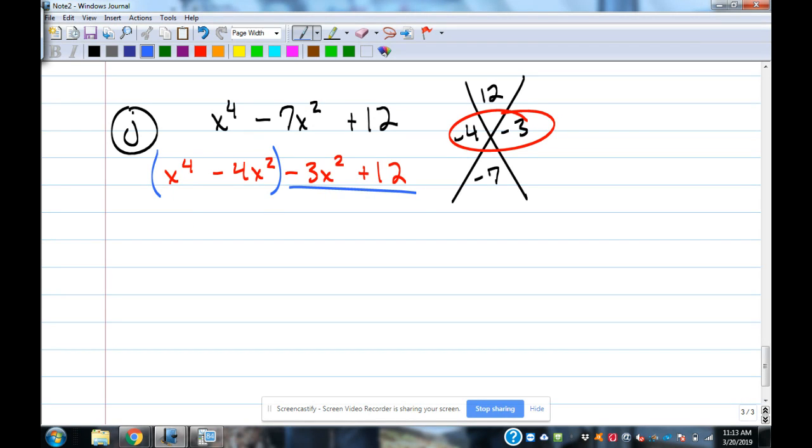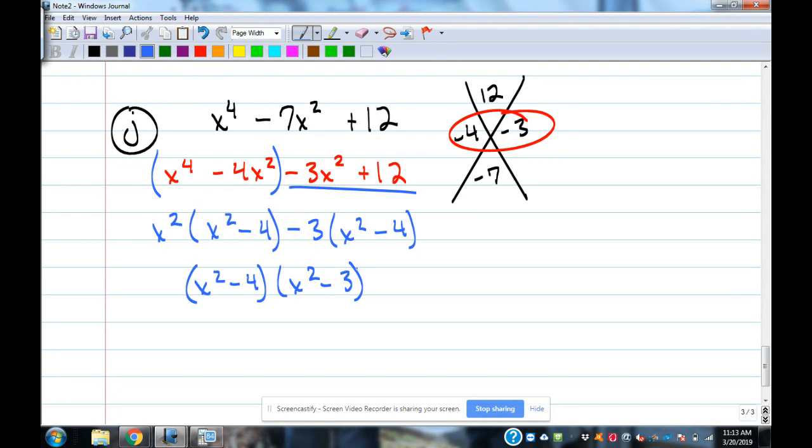So GCF of the first group would be x squared, leaving the x squared minus 4. GCF of the second group would be -3, leaving the x squared minus 4. So we have x squared minus 4 and x squared minus 3 as the factors for that. Will either of those factor further? That x squared minus 4 is a difference of squares.